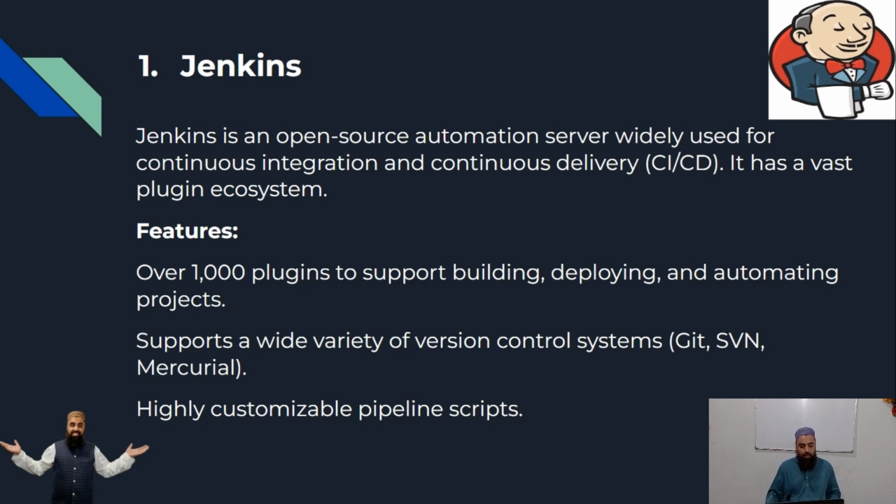And it supports a wide variety of version control systems. It means that Git, Subversion (SVN), and Mercurial are supported by Jenkins, and it has highly customizable pipeline scripts. We can write a Jenkinsfile to write our CI/CD pipelines.